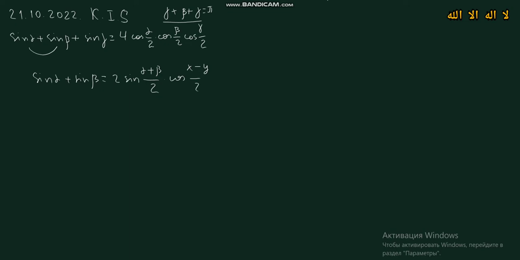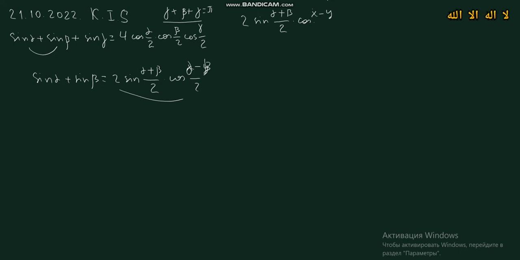So we apply this formula, and instead of sine alpha plus sine beta, I will write 2 sine of alpha plus beta over 2 times cosine of half of the difference of alpha and beta.